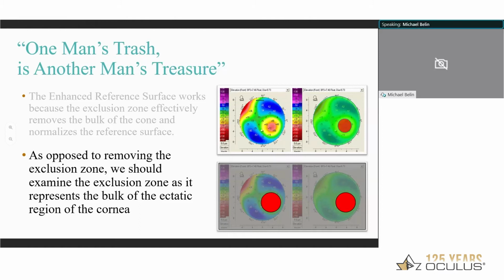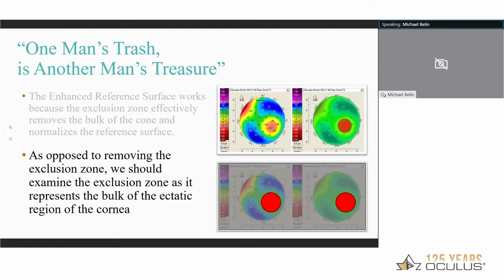And again, that works because by excluding that zone, what we've done effectively is remove the bulk of the ectatic region. So we thought about that and said, well, we've had years of experience with the BAD display, and we know that that works. Well, if it works because we're removing the bulk of the ectatic region, if we want to classify or describe disease, we should look at that region.